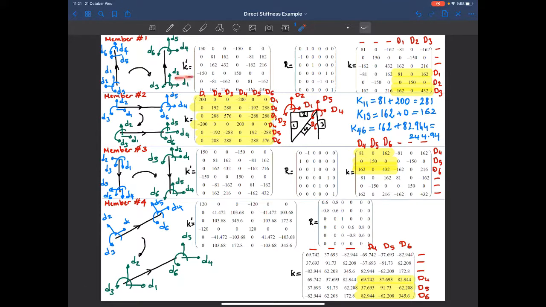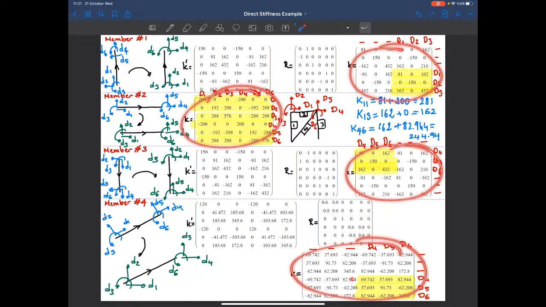We first calculate the element stiffness matrix in the local direction, then calculate the rotation matrix and do the transformation, where K is equal to R transpose multiplied with K prime and then multiplied with R. So we do it for every member, and at the end of the day, for every member we obtain the stiffness matrices in global directions.